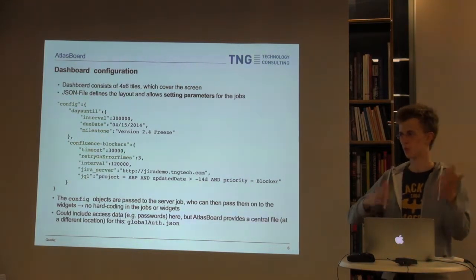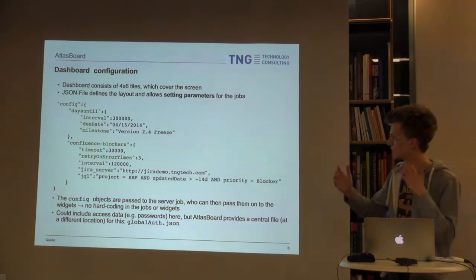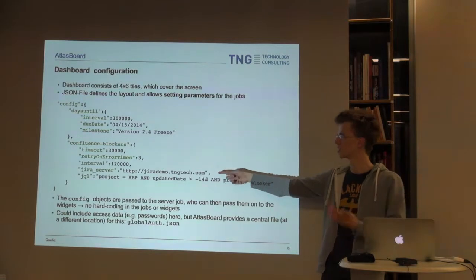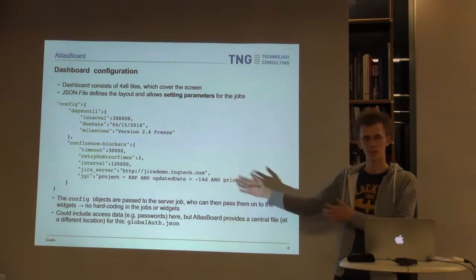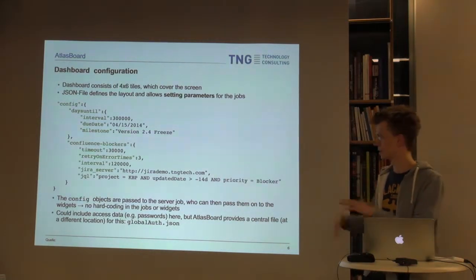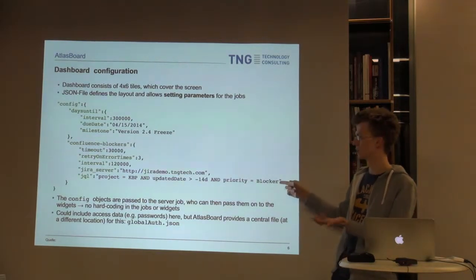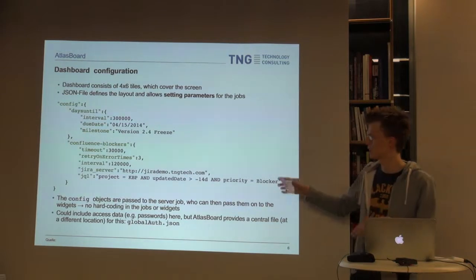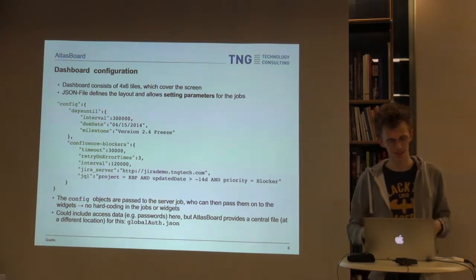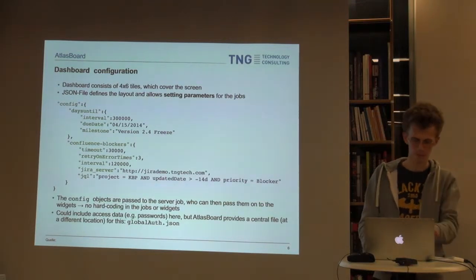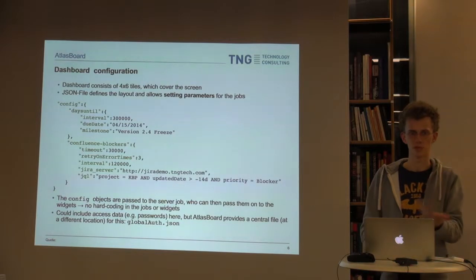If you want to change the server you're interested in, you just change the address here and don't have to go into the JavaScript files. Or if you want a different query, you just change something in there. So it makes it really easy to write flexible code, and it's very easy to change what you're looking at.